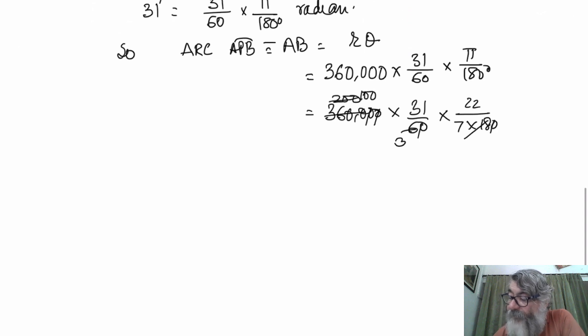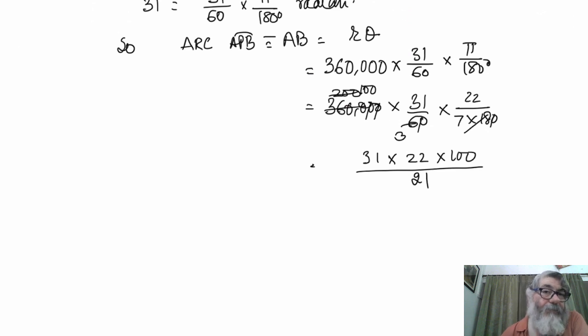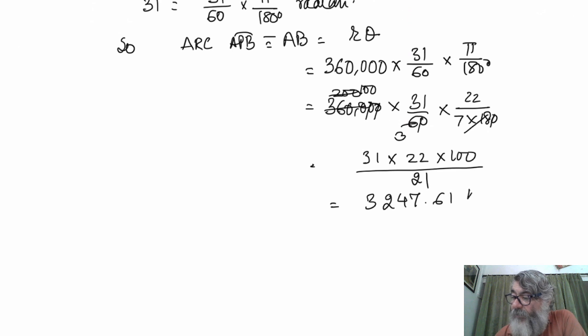When you multiply, it comes out to be 31 into 22 into 100 upon 21. When you divide it with your calculator, you will get 3247.61 kilometers. This will be the diameter of the moon.